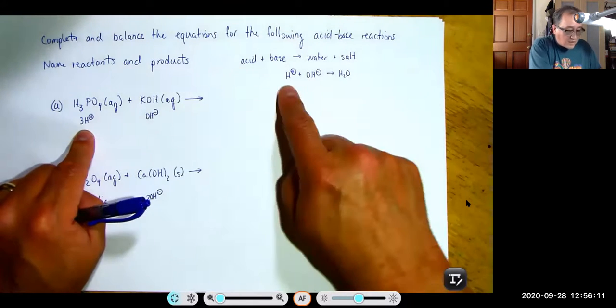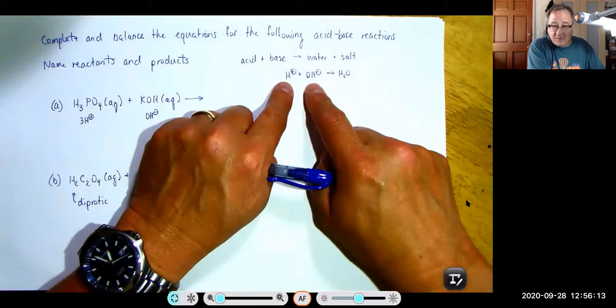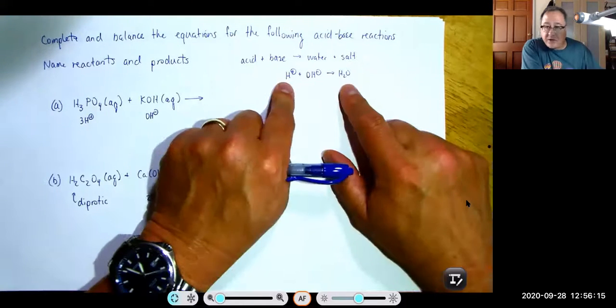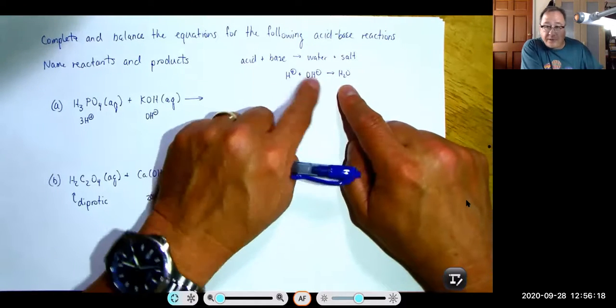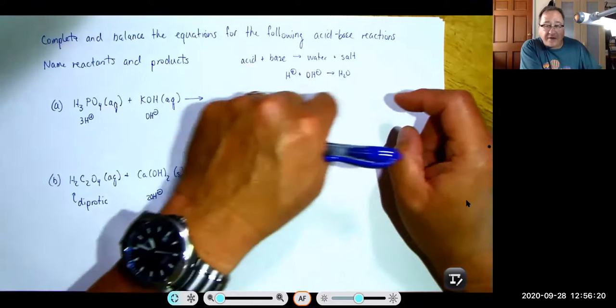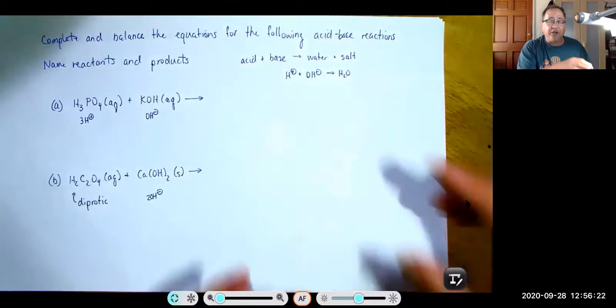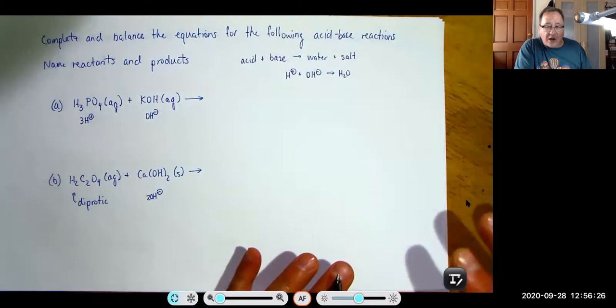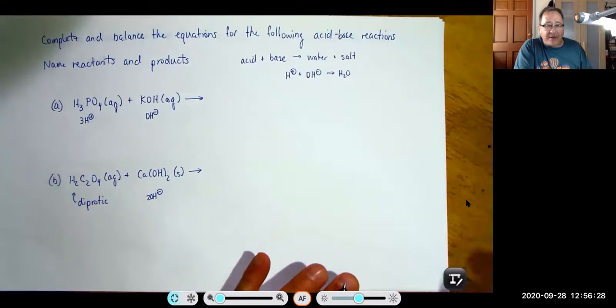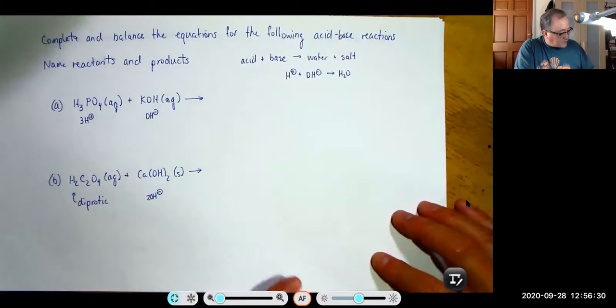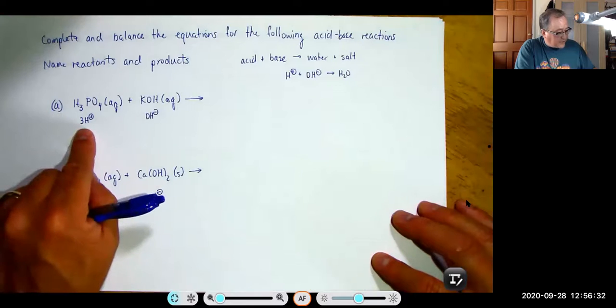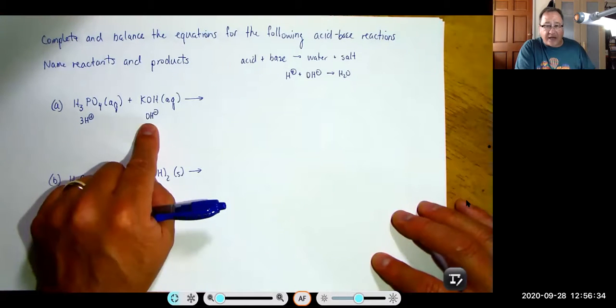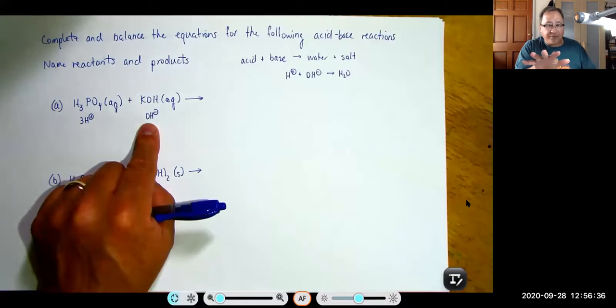Remember, we want a ratio of 1 to 1, and we get 1. But this ratio also means we could go 2, 2, 2, 3, 3, 3, 4, 4, 4, 5, 5, 5. The point is, you need to have the exact same number of hydrogens and hydroxides, and you'll get that many waters. So when I have 3 hydrogens here and 1 hydroxide, that's not a match.